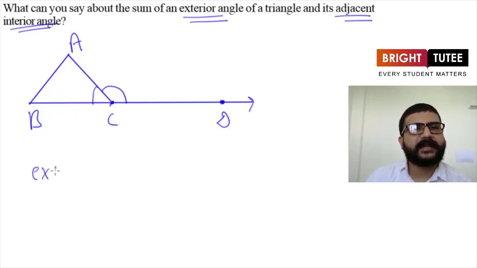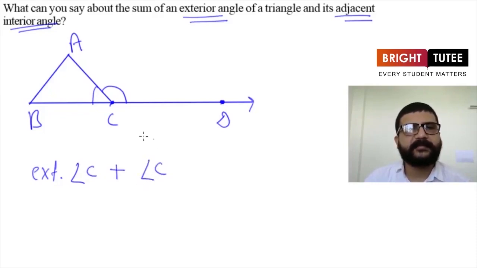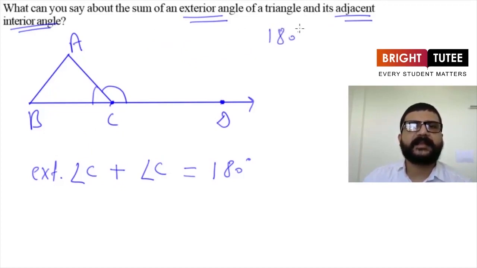So we can write exterior angle C plus angle C. By angle C we mean the interior angle of triangle ABC. Now here exterior angle C plus angle C is equal to 180 degrees, as we have seen. The same will be the case for the other two vertices also. Therefore we can say that an exterior angle and its adjacent interior angle are supplementary. So we can write the answer to this question as 180 degrees.